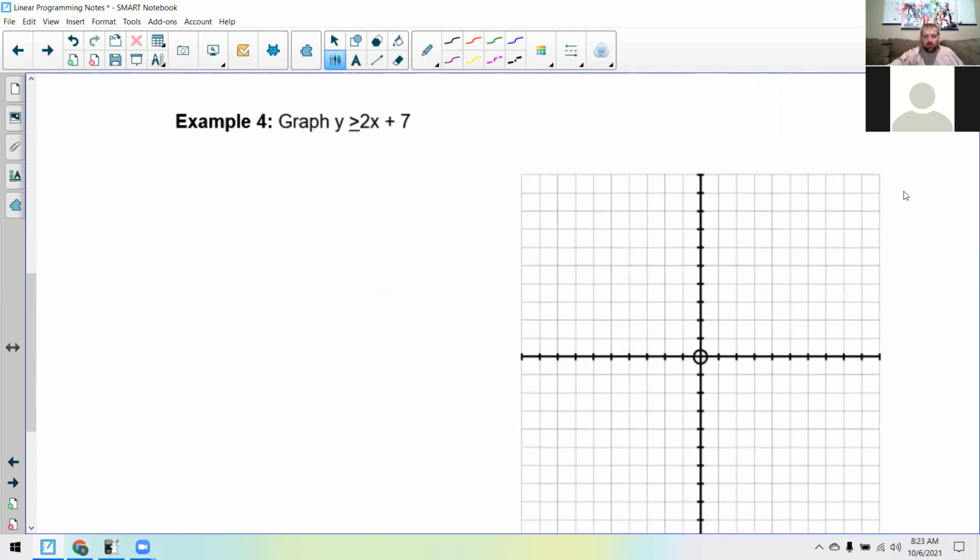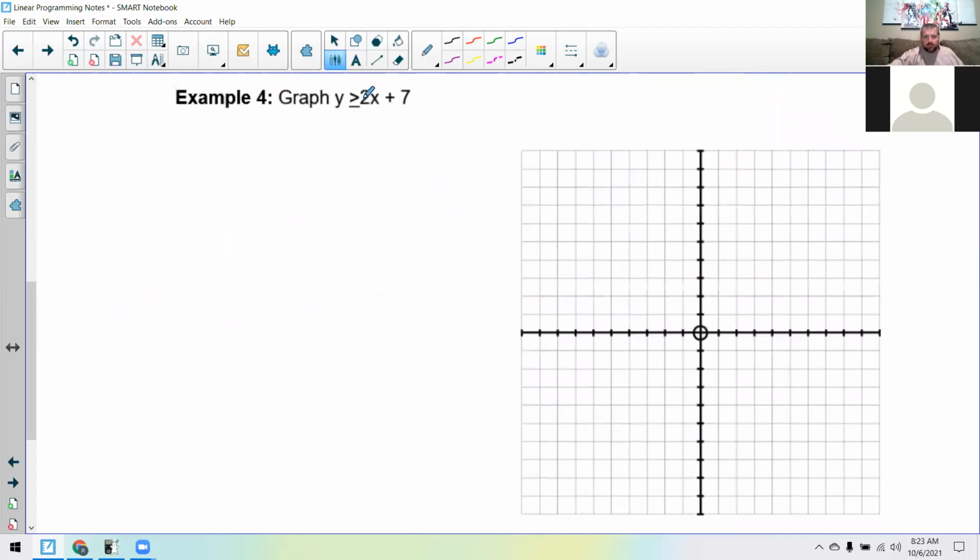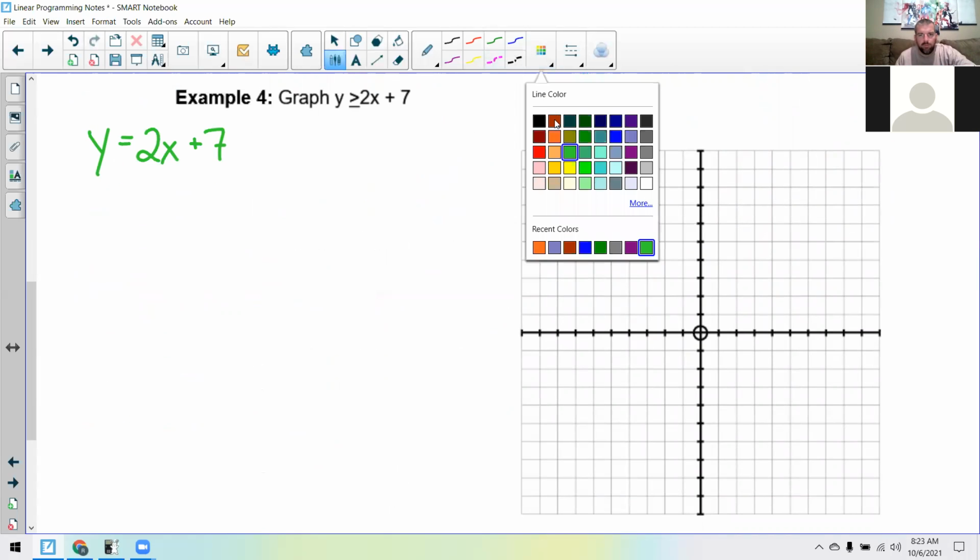All right, let's try this one. Graph y is greater than or equal to 2x plus 7. Now we're in slope intercept form, no longer standard form, but the process is the exact same. I'm going to start by graphing y equals 2x plus 7. Right, this is in slope intercept form.